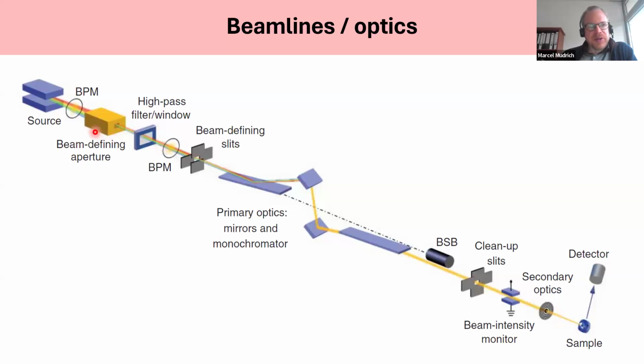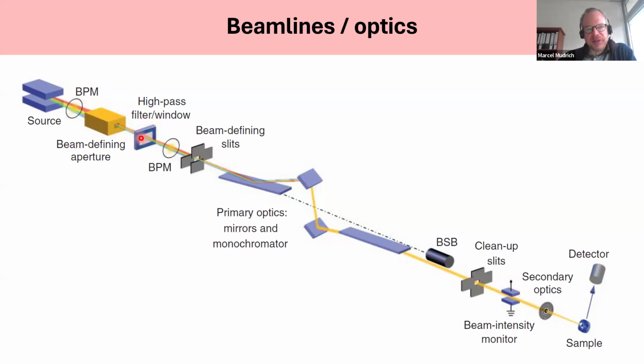And so we have initially a BPM, that's a beam profile monitor, to get some first idea of what is the profile of the beam, then some beam defining apertures and also filters to very broadly filter the radiation.